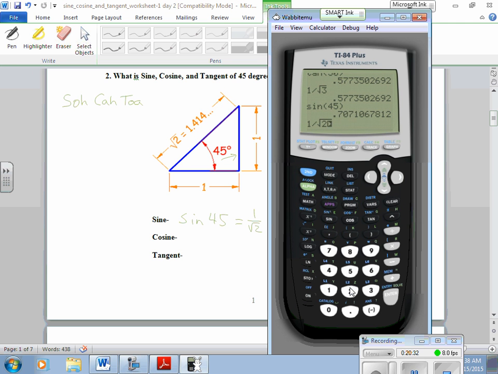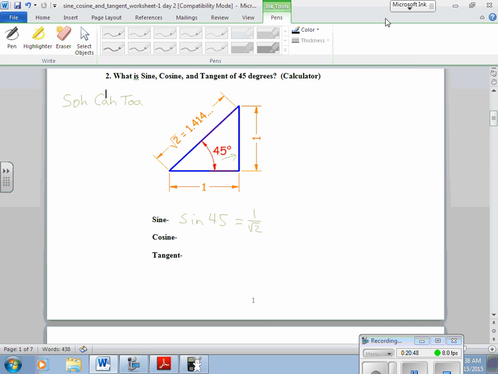So here's my 1 divided by square root of 2. Are you able to input that on your calculator the same? Go ahead and hit enter. Do you agree it's identical all the way through? Okay. Go ahead and put 0.7071 equal to itself. We just showed it on the calculator.